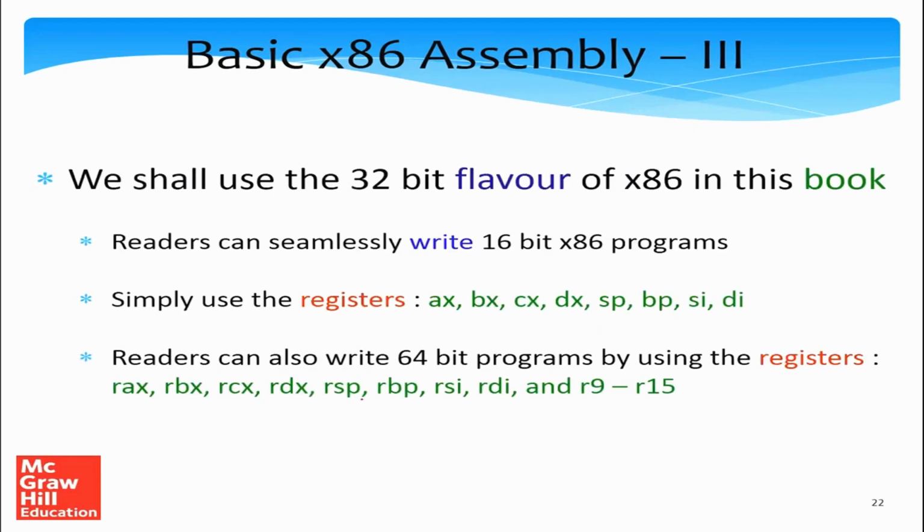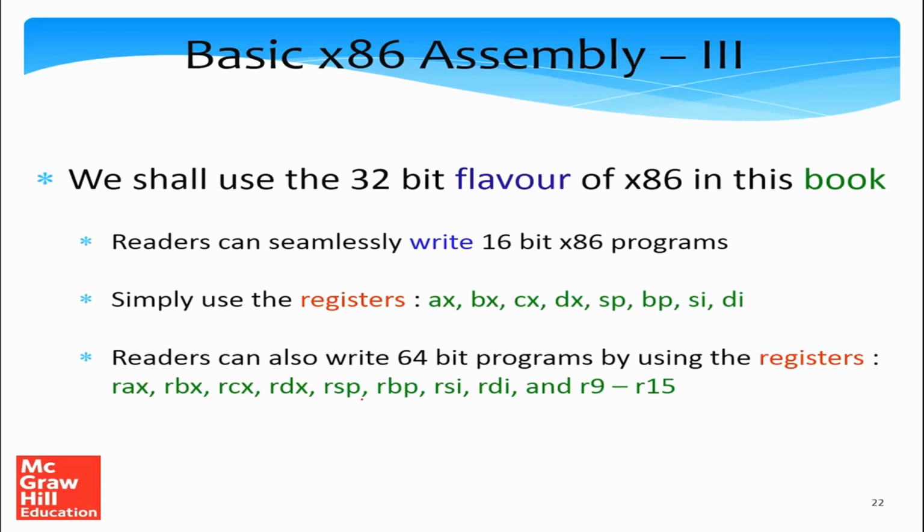What are some of the other rules? We shall use the 32-bit flavor of x86 in this lecture. The readers can seamlessly write 16-bit x86 programs, with no difficulty at all. Simply use the registers AX, BX, CX, DX, SP, BP, SI and DI. All the programs that we write can easily be converted into 16-bit programs. Sometimes some additional suffixes need to be changed in the instructions.